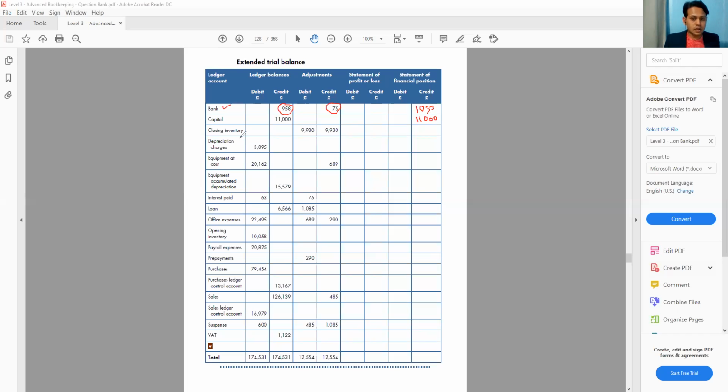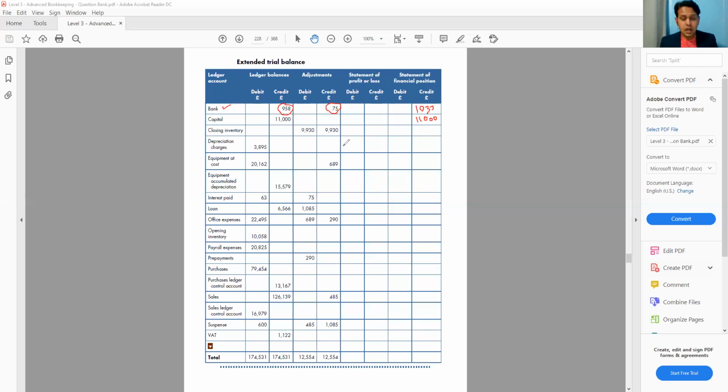The next one, closing inventory. On the adjustment, you can see we have two figures, debit and credit, because closing inventory goes to two places. It goes to the credit side of the SPL because we minus it from the cost of sales. If you remember the template, opening inventory, plus purchases, less closing inventory.